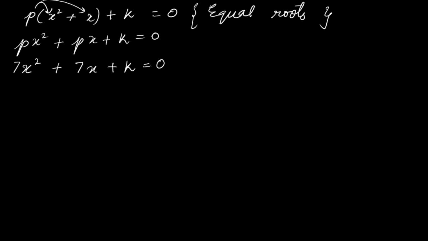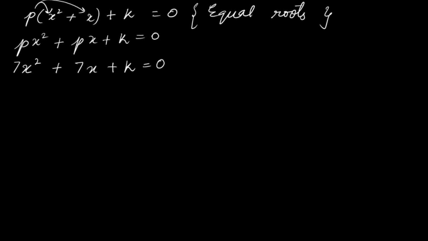B square is equal to AC? No. B square minus 4AC. This is not the complete information. B square minus 4AC is what actually? This is half information you people are giving.